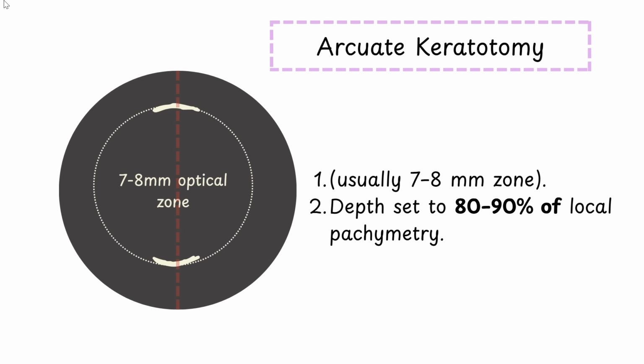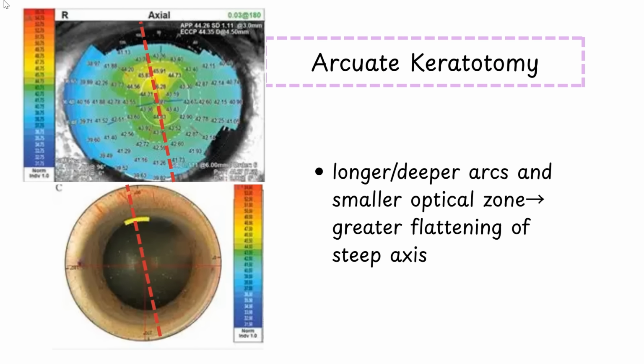These incisions are usually placed in the 7 to 8 mm optical zone at a depth of around 80 to 90% depending on the pachymetry. The effect of arcuate keratotomy can be increased by taking a longer arc length, a deeper incision, and choosing a smaller optical zone.